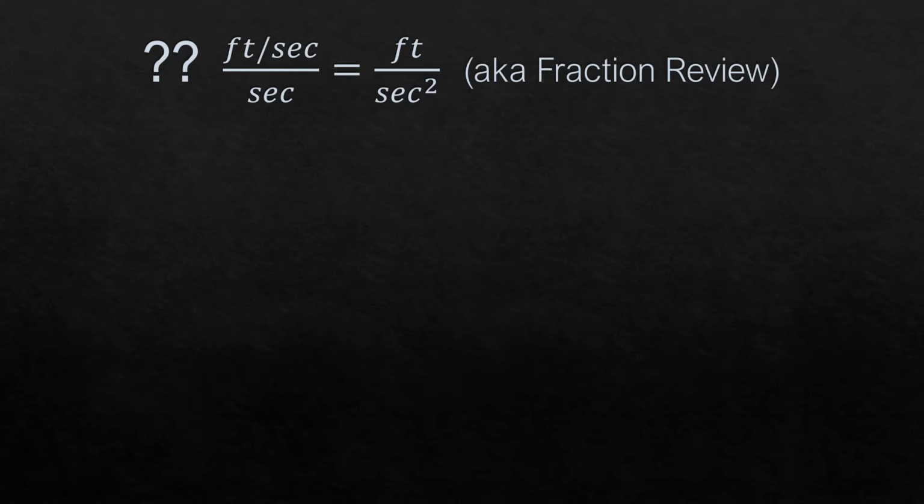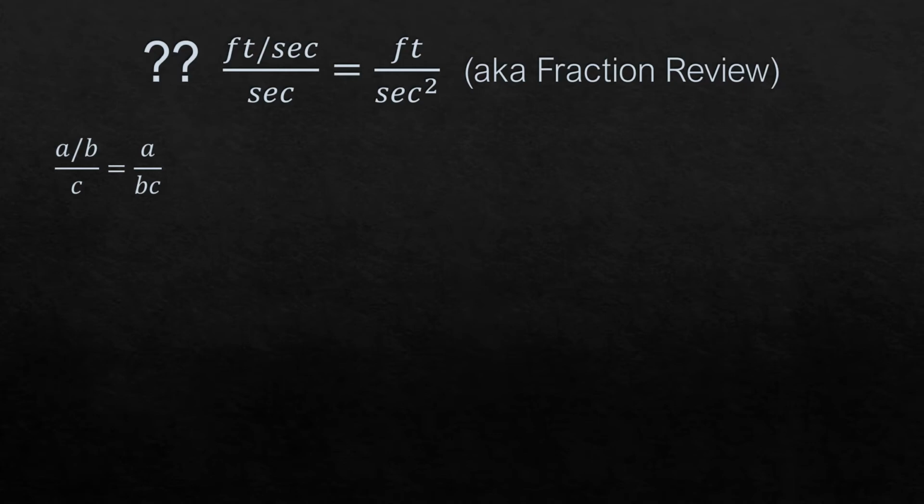You might be wondering how a measurement in feet per second divided by a measurement in seconds gives us a measurement in feet per second squared. So let me show you, explaining first with regular numbers instead of units. When you have a fraction, a over b, and you divide it by c, that fraction can also be represented as a over b times c.